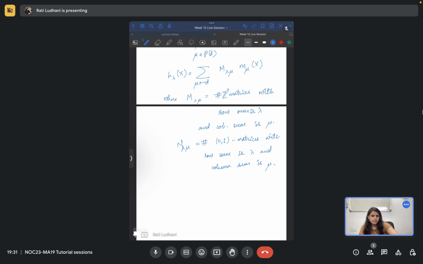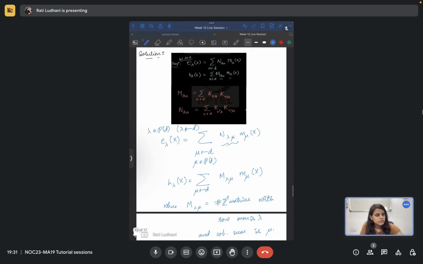So this is one way, and there is another way, so that's why I kept the formula. This has been proved: m lambda mu is equal to the sum over all those nu in the partitions of d of k nu lambda times k nu mu.